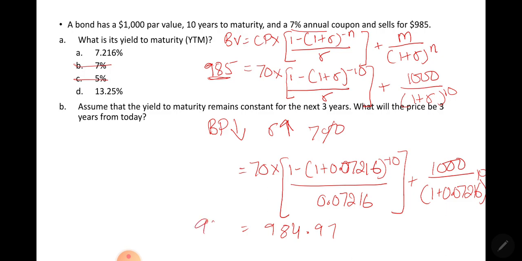So this is very close to 985. So A, 7.2161% is the correct answer.